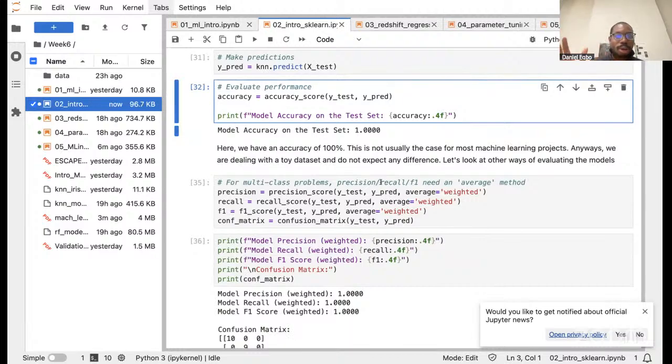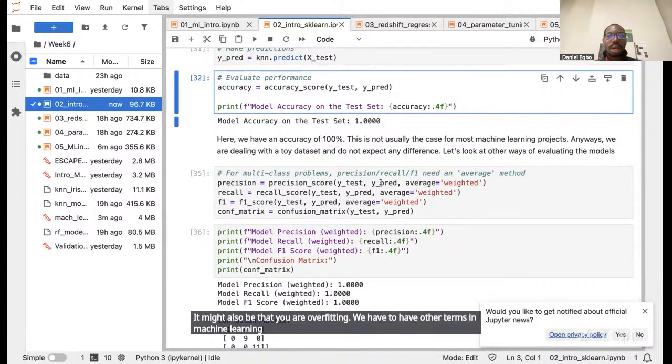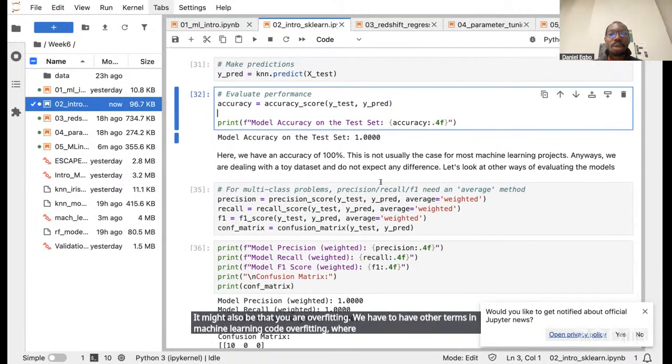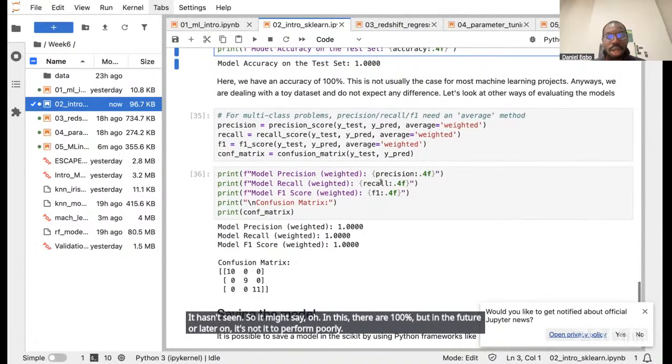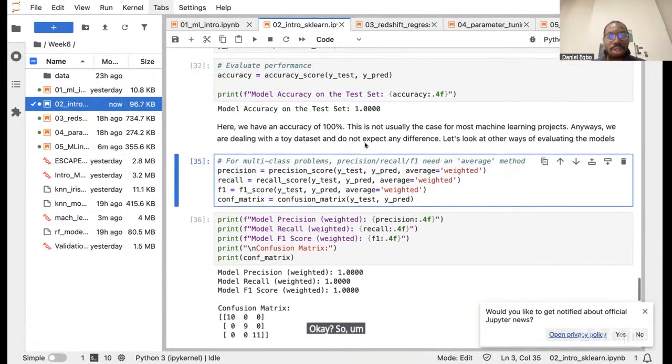Overfitting is another term in machine learning, where maybe there are a lot of parameters, so your model learns the whole data fully but is not able to generalize to other data sets it hasn't seen. So it might say 100% now, but later on it is not able to perform well.